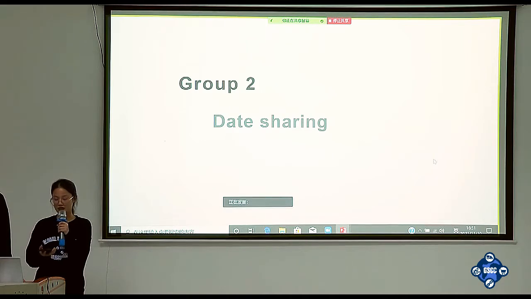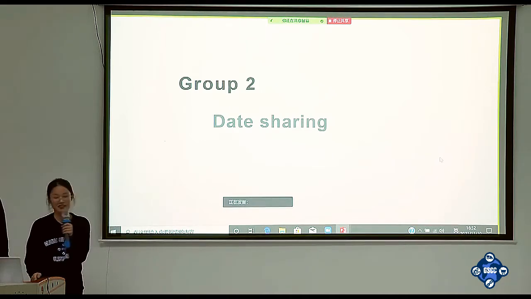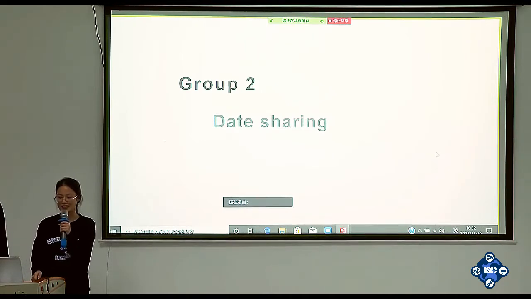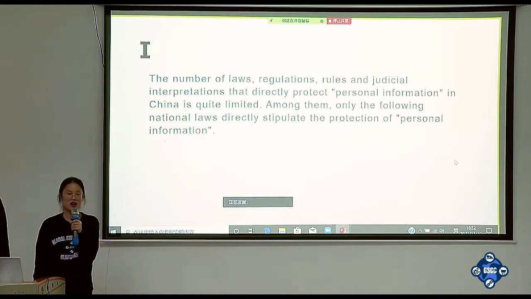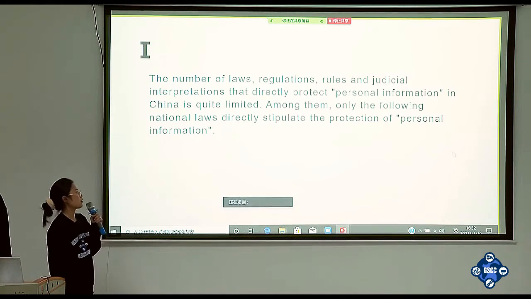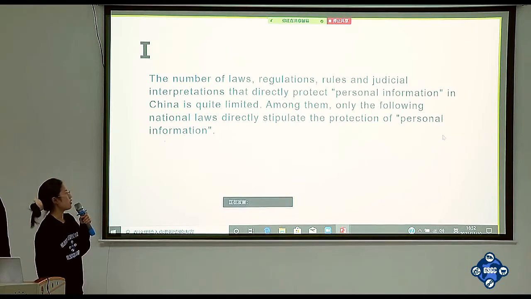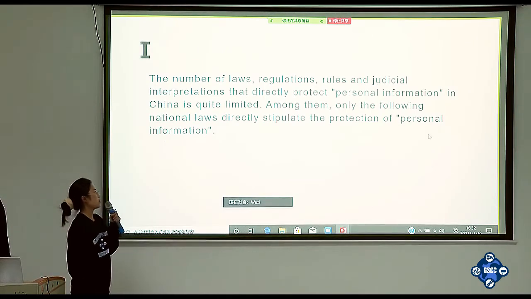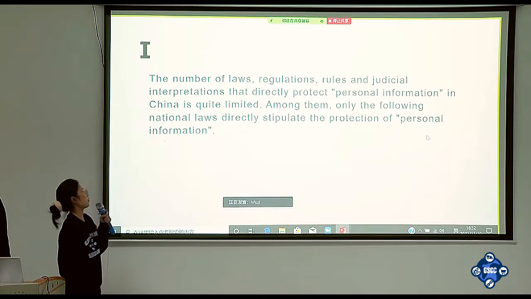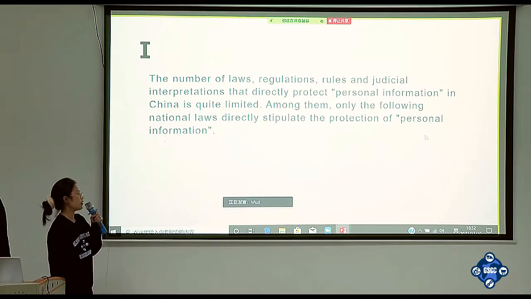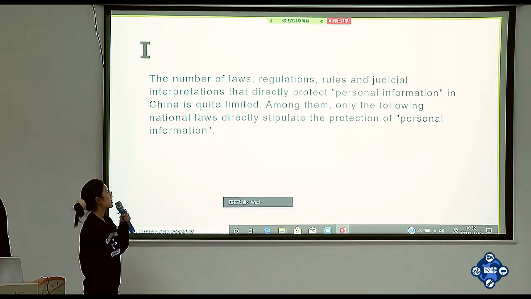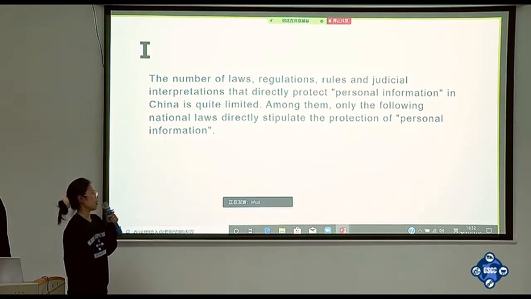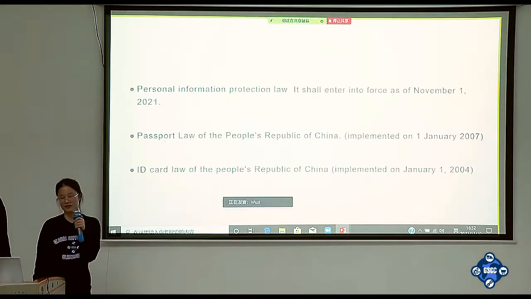We are group 2, and our topic is data sharing. In the first part, I will introduce some regulations about personal information in China. The number of regulations about personal information in China is quite limited. Only the following laws directly stipulate the protection of personal information.